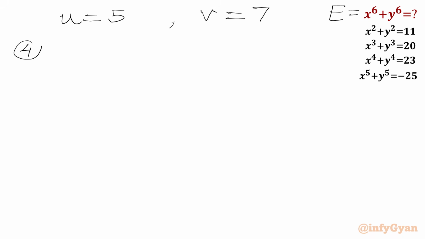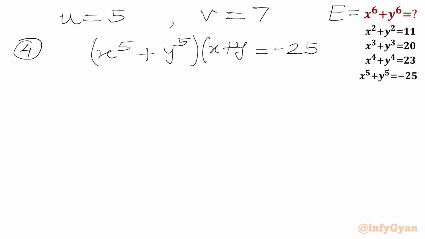Let me write the fourth equation first: x power 5 plus y power 5 equal to minus 25. Now we will multiply by x plus y both sides. So we will write times x plus y. Let's expand LHS. x power 5 times x, x power 6. y power 5 times y, y power 6. This is our required expression.